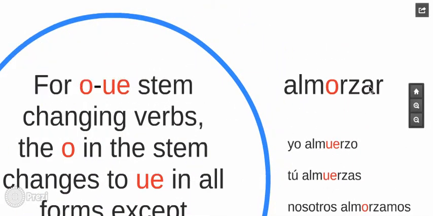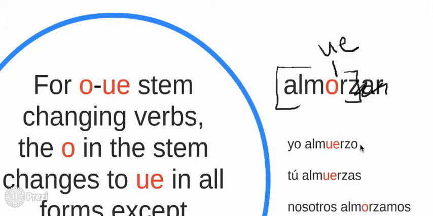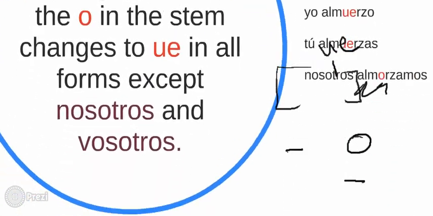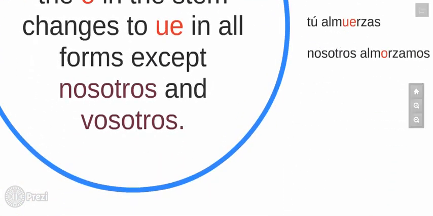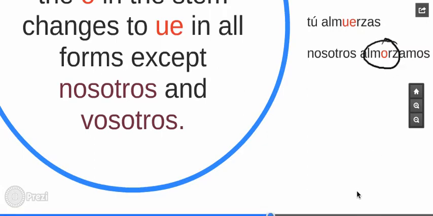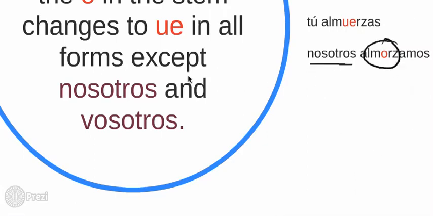Yo almuerzo. I found my stem, took off my ending, changed the O to UE. Then I added my appropriate ending for the yo form, O: almuerzo, almuerzas. Now, if I look down further, almorzamos does not change O to UE, because we're not in the boot.